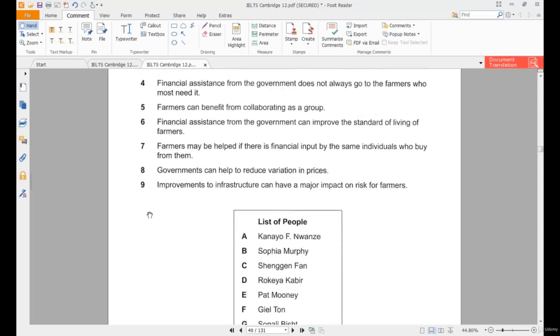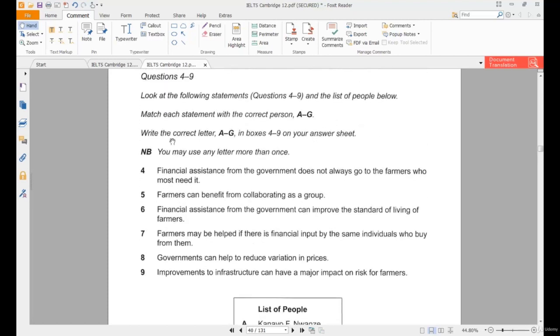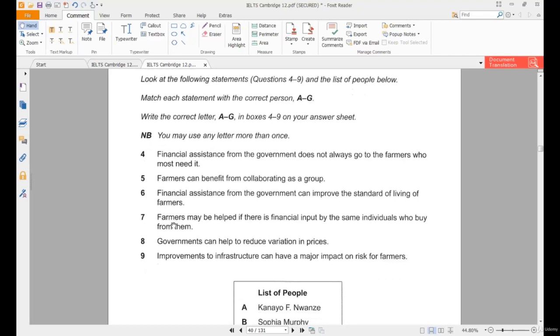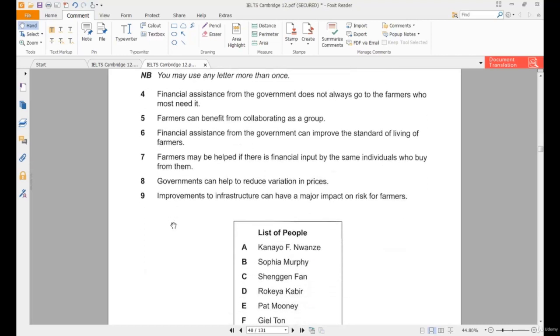Now, a key thing with this question is look at where it says NB. It says you may use any letter more than once. When it says that, that means that sometimes a person's name appears more than once. A letter can be used more than once. It's possible for two answers to belong to B.